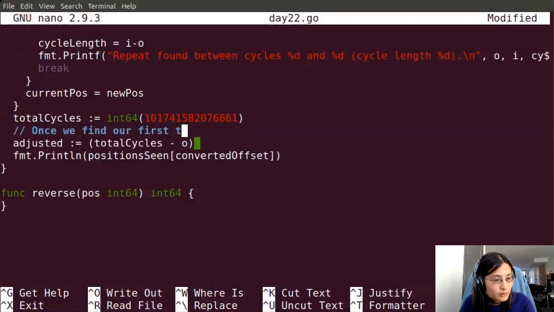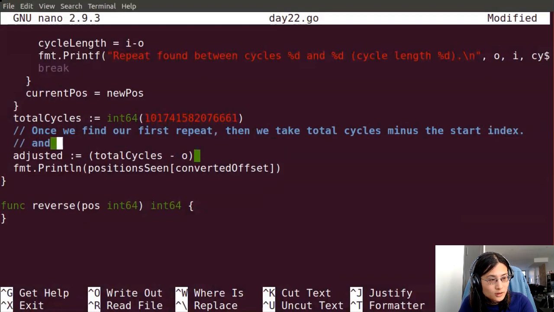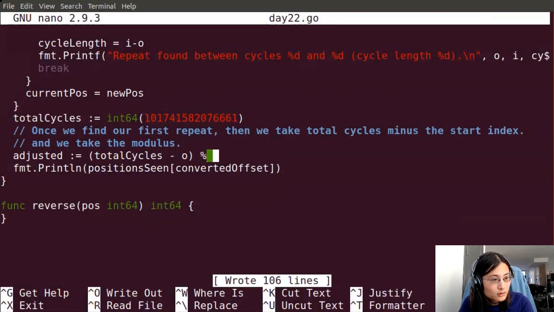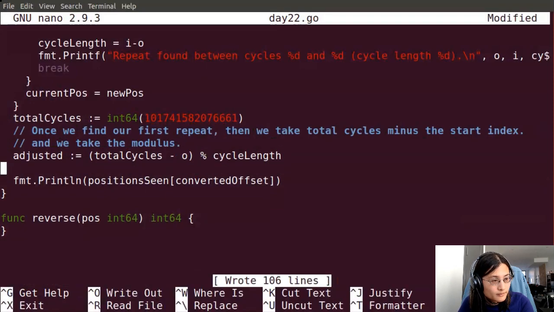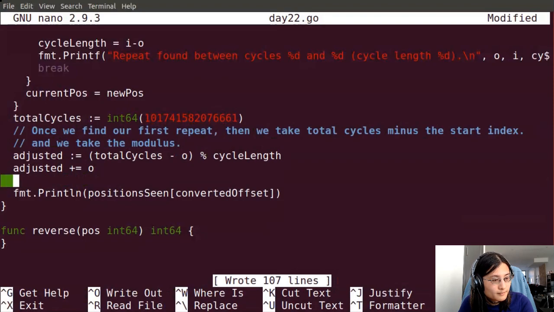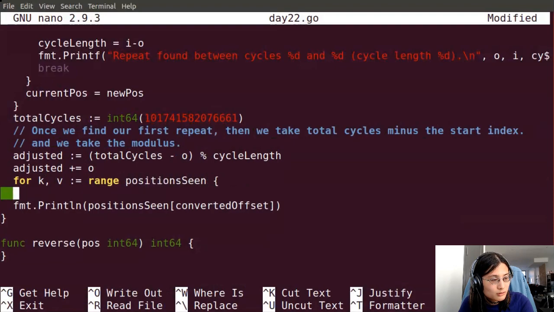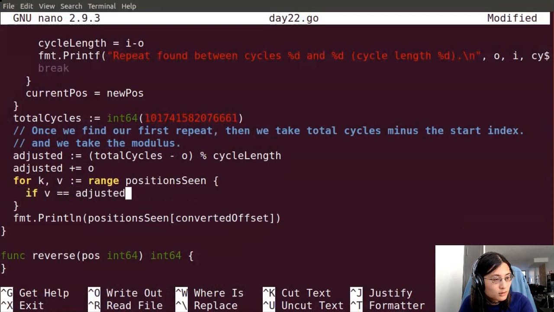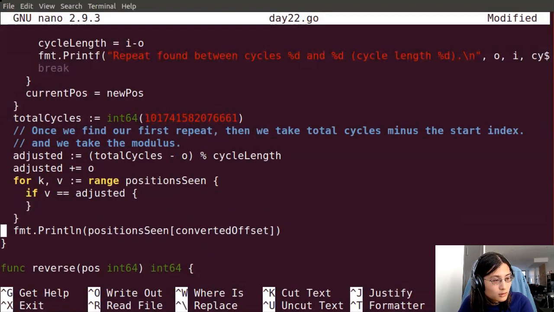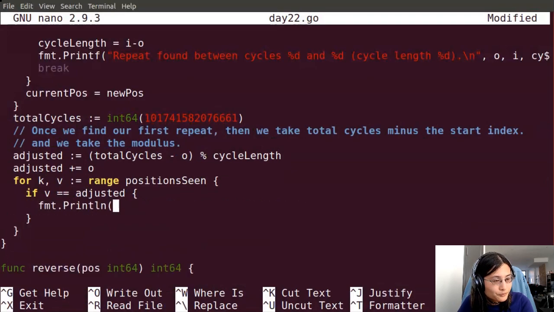Once we find our first repeat, we take the modulus. Okay. I think that should do it.